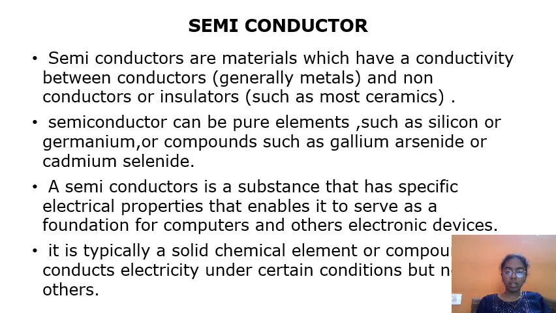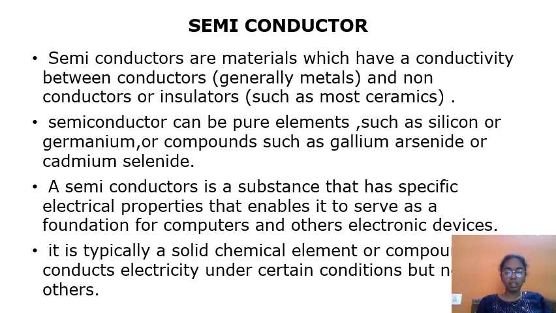Semiconductors are materials which have a conductivity between conductors, generally metals, and non-conductors or insulators such as most ceramics. Semiconductors can be pure elements such as silicon or germanium, or compounds such as gallium arsenide or cadmium selenide.